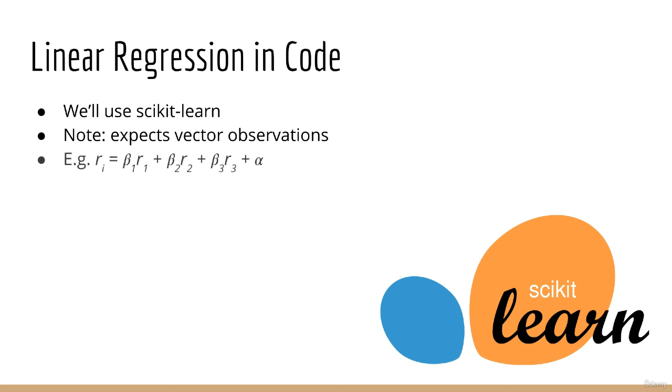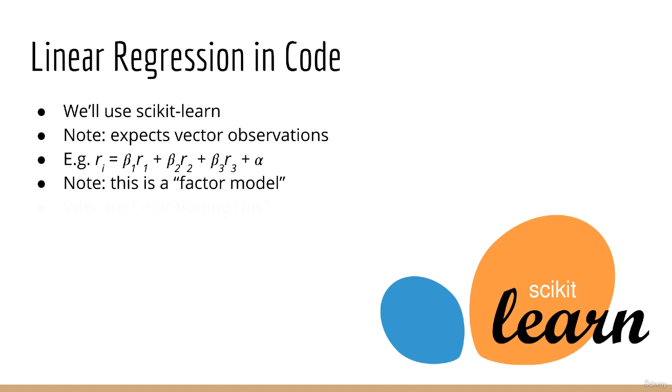An example of that would be something like r_i, the return on asset i, is equal to beta_1 times r_1 plus beta_2 times r_2 plus beta_3 times r_3 plus alpha. So you have 3 different returns as your predictors, rather than just the one return, which is the market. In fact, this is a more advanced type of model in finance, known as a factor model. These will probably be outside the scope of this course.